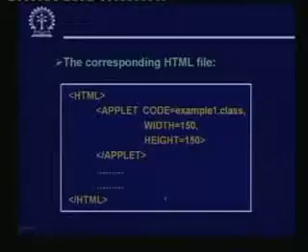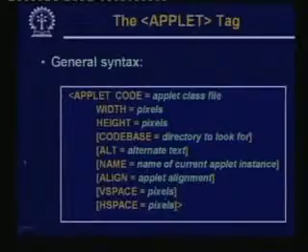So, this is how the HTML file looks. Now, let us look at the general syntax of the applet tag. There are actually so many fields and attributes here. Let us try to see what these attributes are. Applet code we have already seen. There are other attributes, we will explain their purposes. Width, height, code base, these are all optional. All fields within square brackets are optional fields.